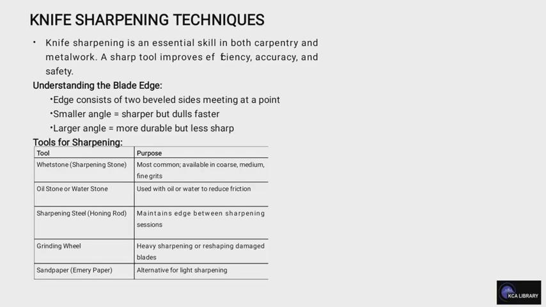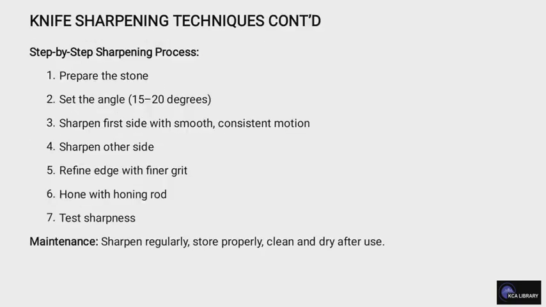We have the grinding wheel, which is for heavy sharpening or reshaping a damaged blade. We have the sandpaper, or emery paper, which is an alternative for light sharpening.